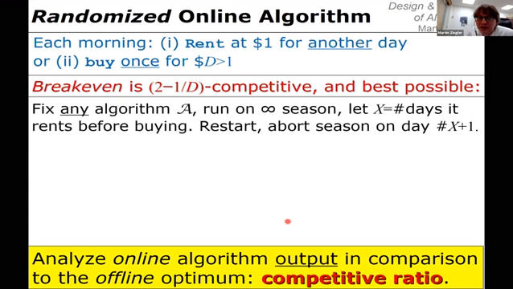So to see how a randomized algorithm can do that, remember how we proved the break-even algorithm to be optimal. We considered any other online algorithm for ski rental, simulated it on an apparently unboundedly long season to determine how many days this arbitrary but fixed deterministic online algorithm chooses to rent before switching to buying.